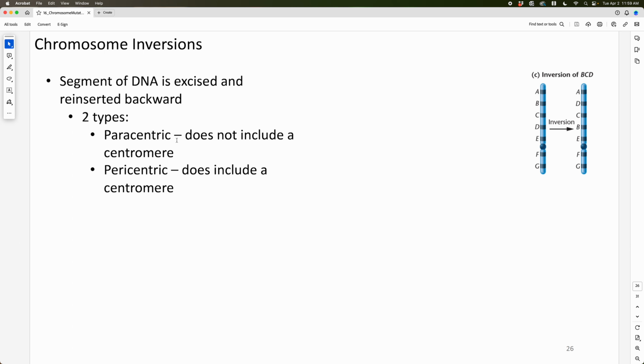There are two major types of chromosome inversions. We can have paracentric, which does not include the centromere, and pericentric, which does include the centromere. This is an example of a paracentric inversion because this inversion, B, C, and D, occurs outside of the centromere. If it involved E and F, that would be a pericentric inversion.